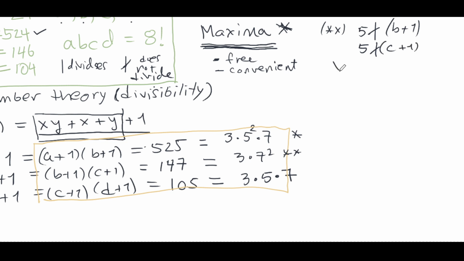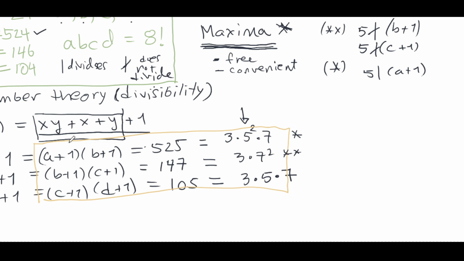And so therefore, from equation 1, it must be that 5 divides A plus 1. There's no other way for this factor of 5 to appear. It can't come from the B plus 1. It has to come from the A plus 1.